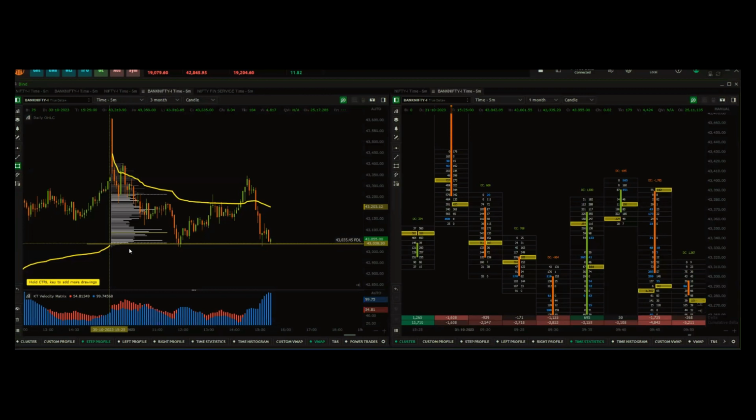Initially, some buyers started stepping up here in the middle of the day, but they couldn't defend it sufficiently, and that's the reason we have a closing towards the low. So as long as price is below this location or starts moving down, the context and the structure for tomorrow's market is that there's a better chance the markets will move further lower than move up.